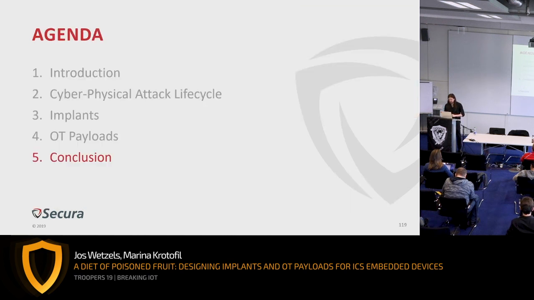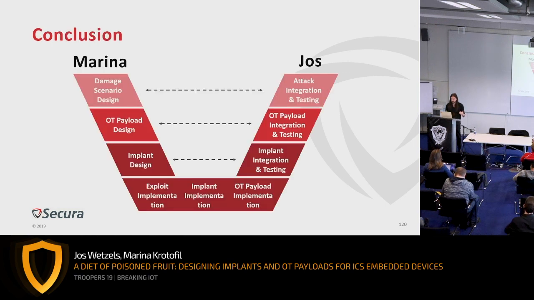So that essentially brings us to the conclusion, and the conclusion here is that you have these various different stages, and you have different kinds of constraints that are being imposed upon us. Like you have the engineering constraints that are imposed on Marina.